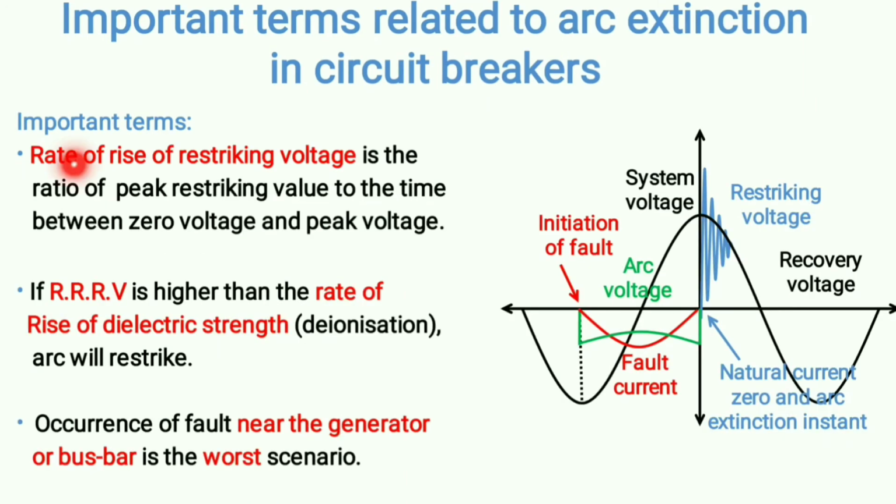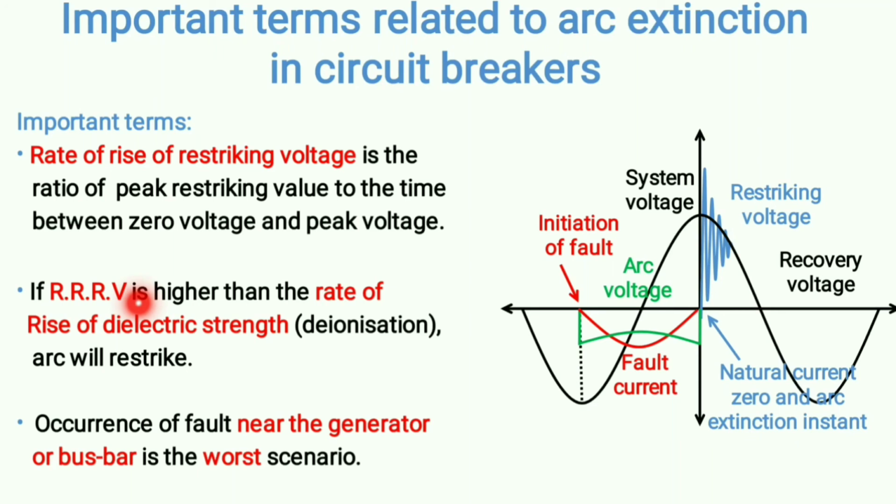See here, I have written that the rate of rise of restriking voltage is the ratio of peak restriking value to the time between zero voltage and peak voltage. So if your natural frequency becomes very high, what will happen? This time will be reduced, right? So if your time is reduced, then obviously this RRRV will be very high.